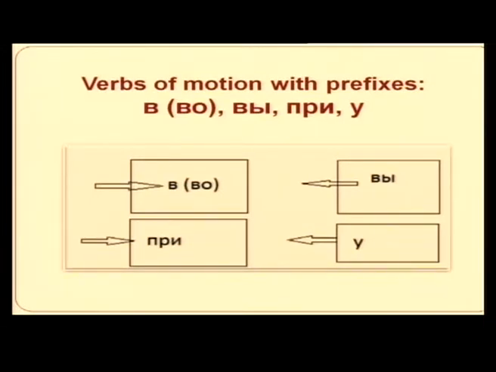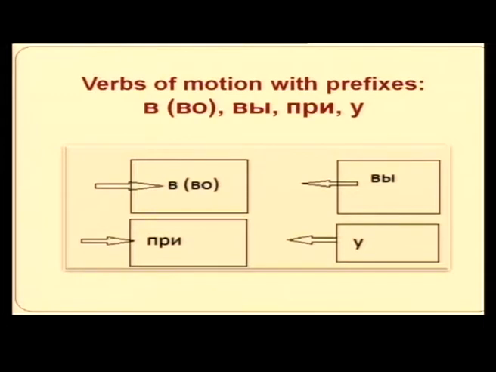These prefixes are used with verbs of motion as va, vo, vi, pri and u. If you pay attention to the slide here, with the help of these pictures, we are telling you that va or vo means to enter.